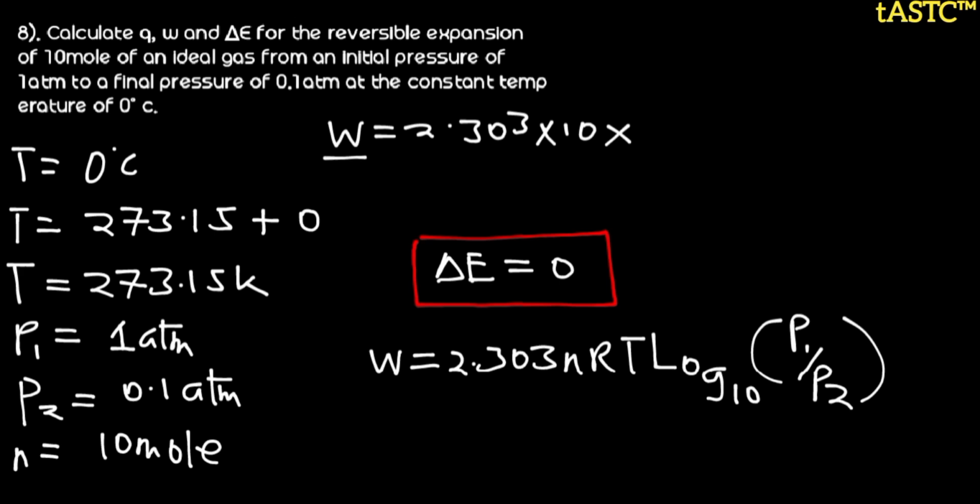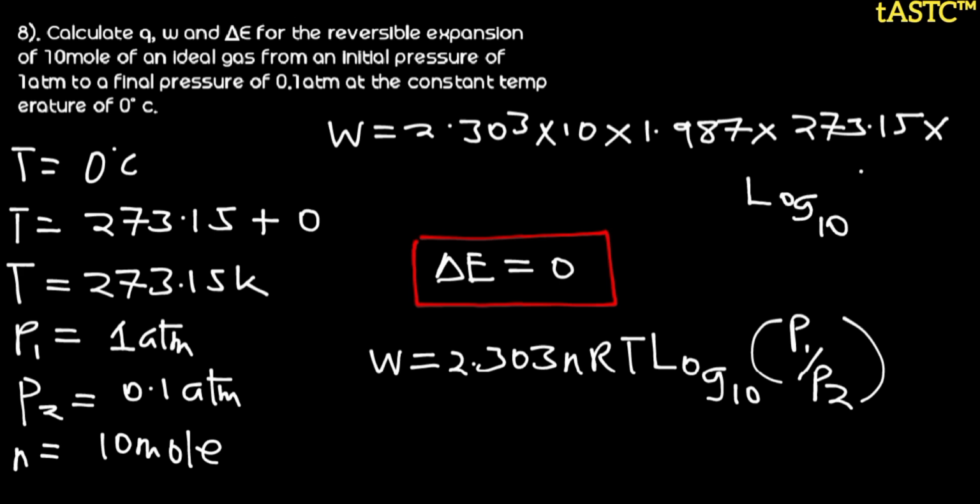Because we need the work done to be in calories, we're going to use 1.987. And we need to multiply that with temperature, which is 273.15. And we need to multiply that with logarithm, that is log to the base 10 of P1 divided by P2. Now P1 is 1 and P2 is 0.1.